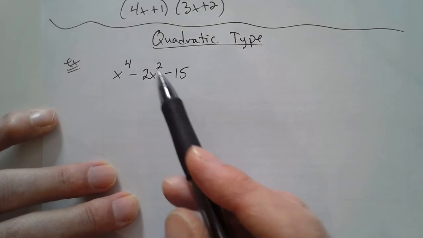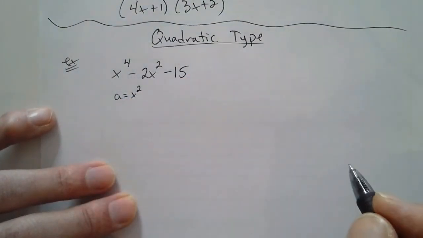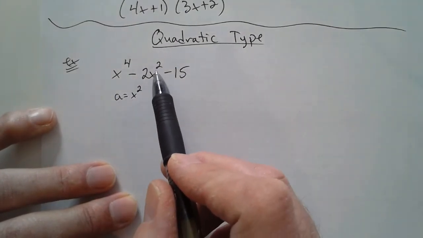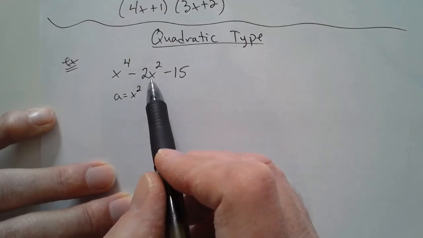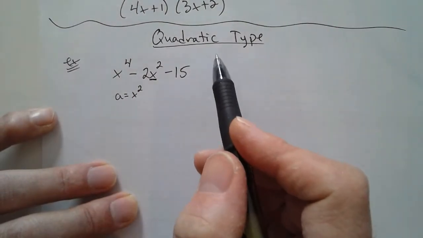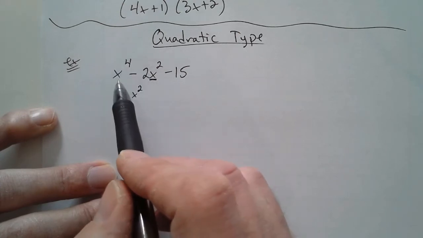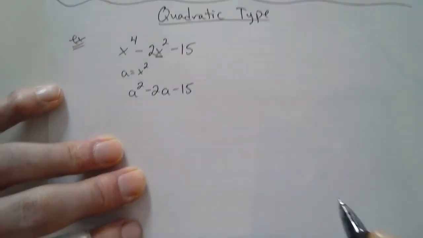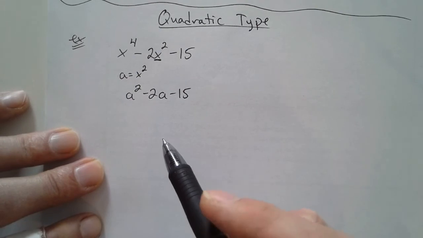But it can resemble one if you just say, well, a is x squared. So if a is x squared, then I'm going to replace that x squared with a. By the way, whatever your a is, it's usually going to be whatever it is right there, if it's a quadratic type. So this is x squared times x squared, or x to the 4th. So that is actually a squared. So it becomes kind of like a quadratic polynomial.